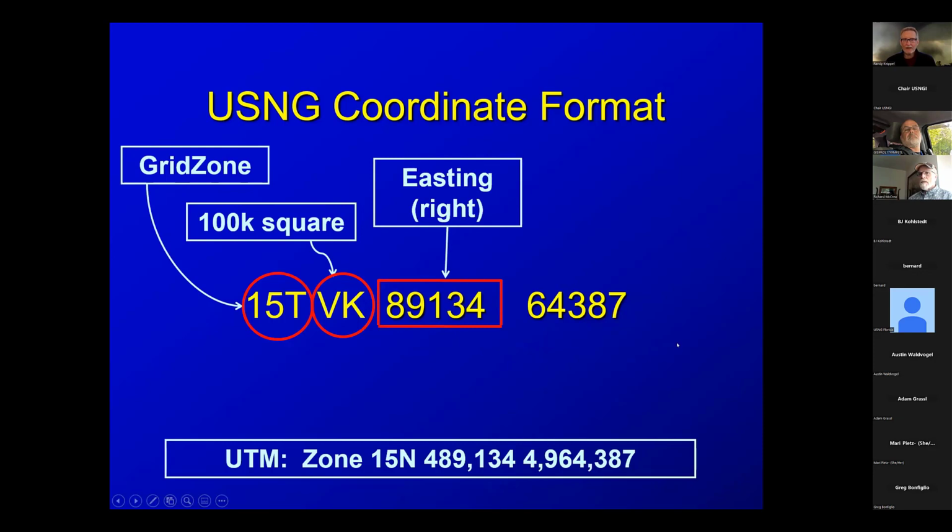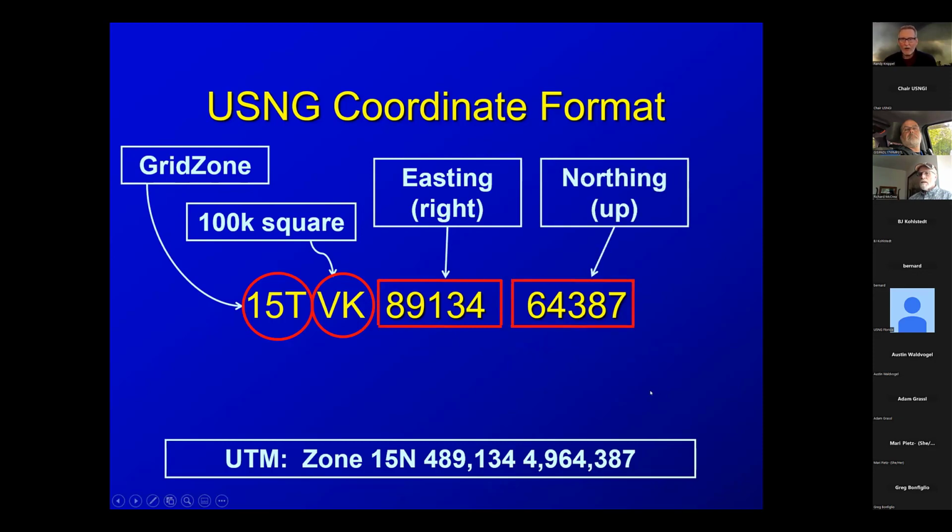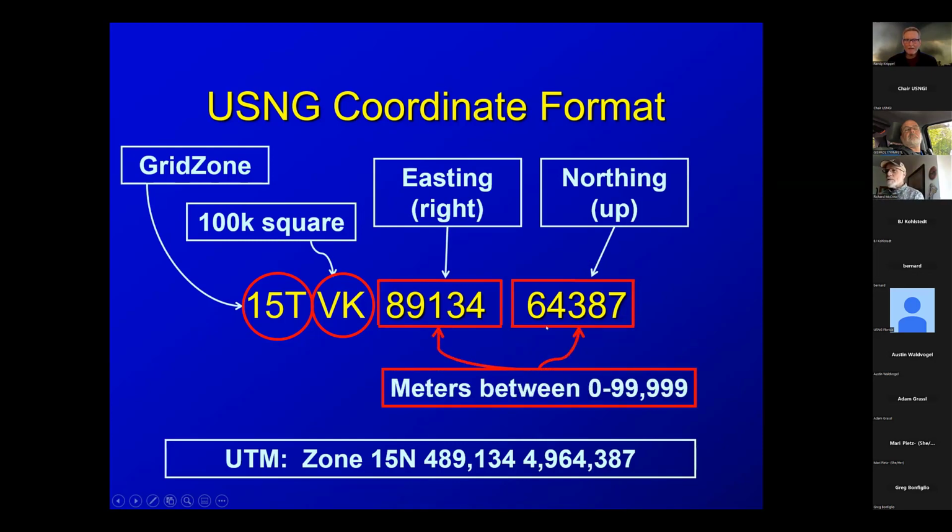And then what we have left is the easting and a northing, or right and up, or X and Y, however you want to think about it. And the numeric portion is always meters between 0 and 99,999.